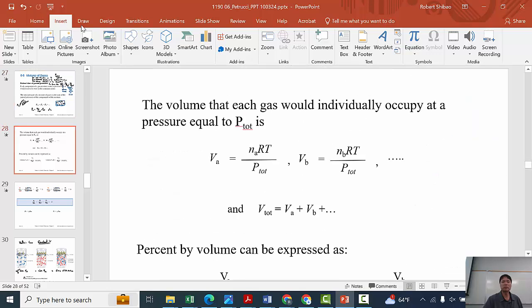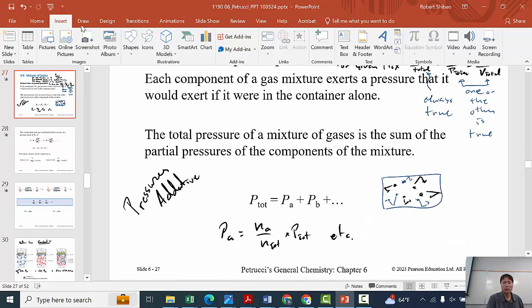The volumes are constant. VA is equal to VB, which is equal to V total. And so again, that's what we mean by constant volume.